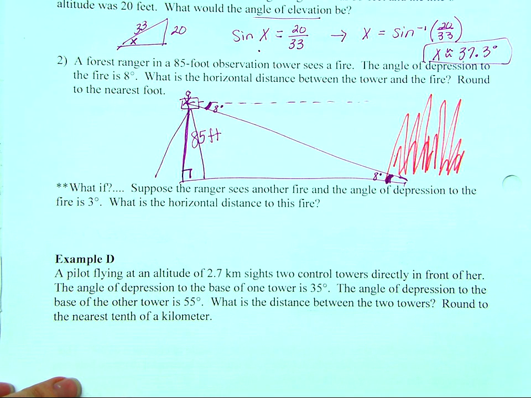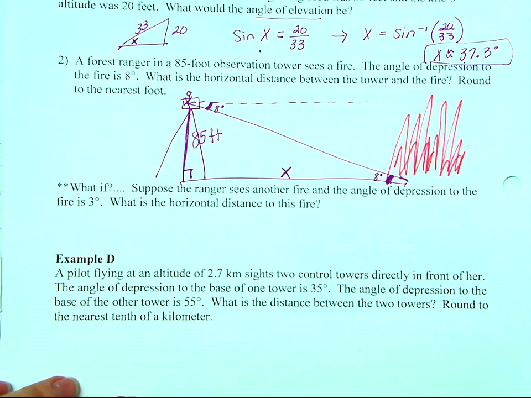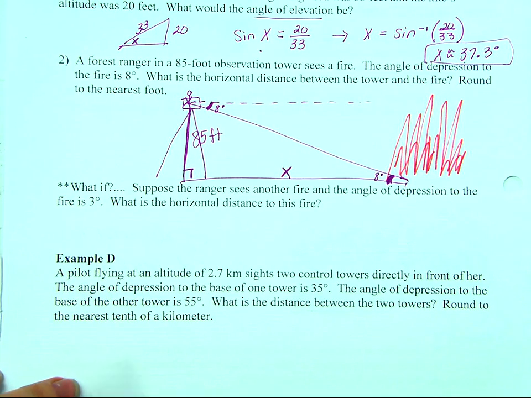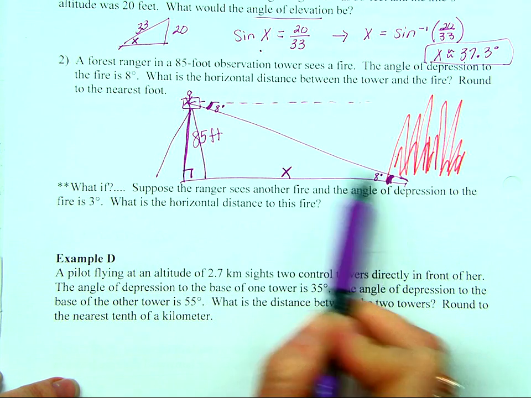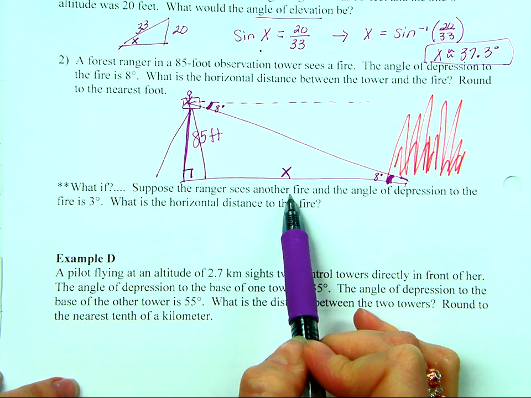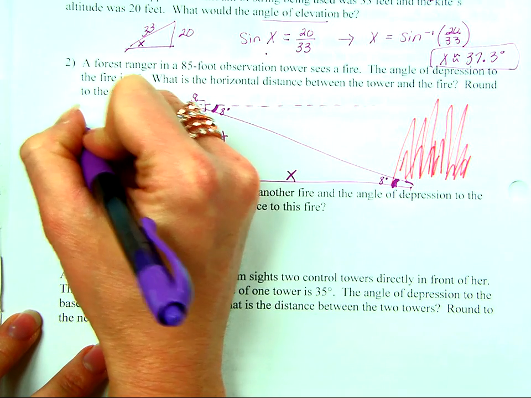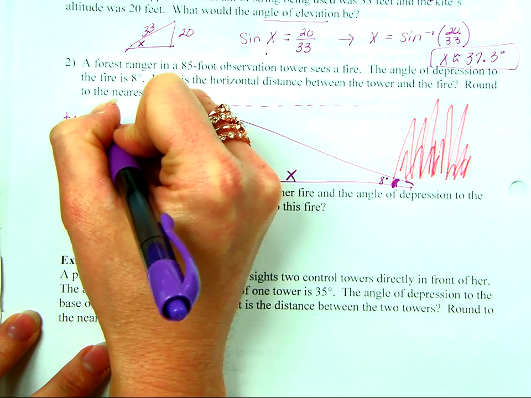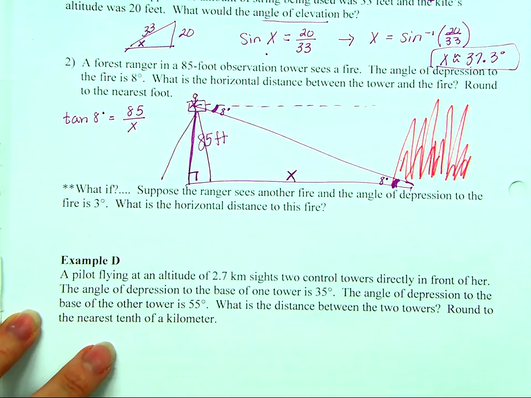I'm wanting the horizontal distance, so here I'm solving for my ground distance of x to the nearest foot. Well, from my 8 degrees, if I use this triangle on the bottom, I have opposite and adjacent. I'm going to use the tangent function. The tangent of that 8 degrees is equal to opposite over adjacent.